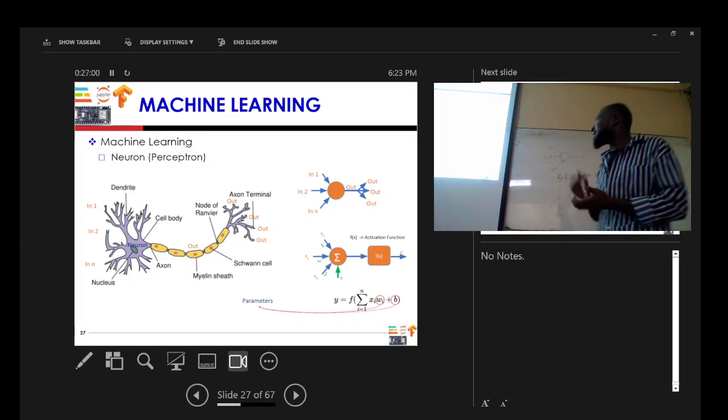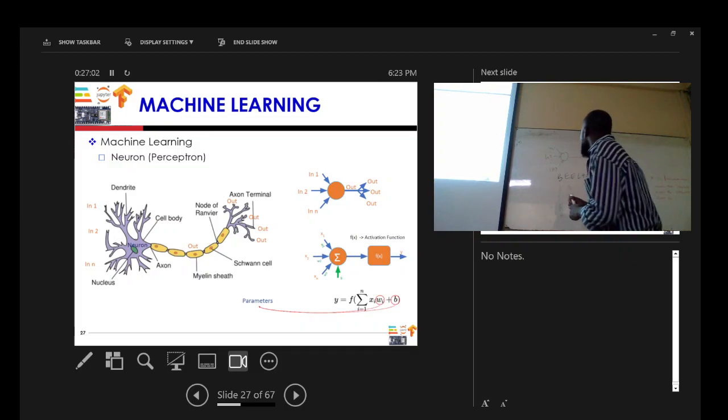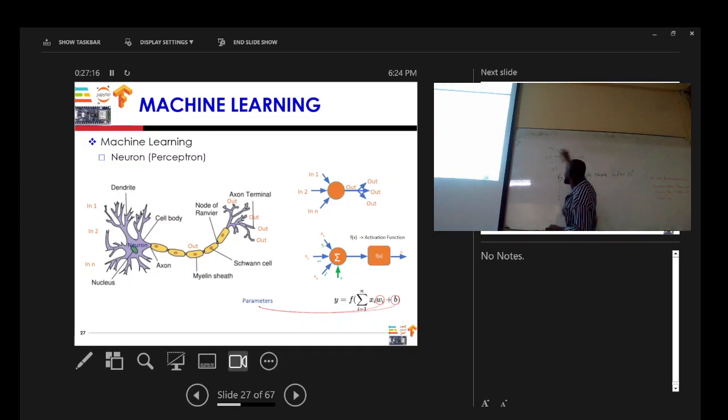What is very important is that once you have input one, input two, input three, each input has a parameter called the weight. So we have weight one for input one, weight two, weight three. Each input has its own weight.